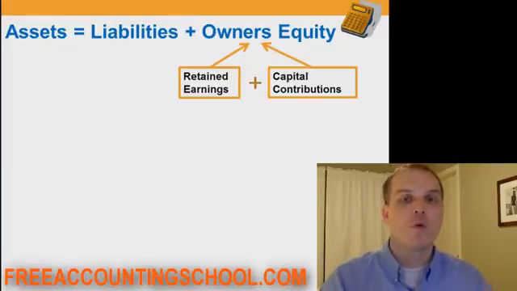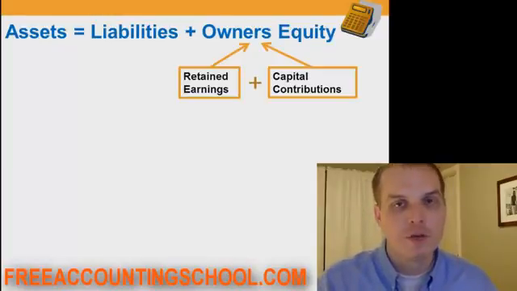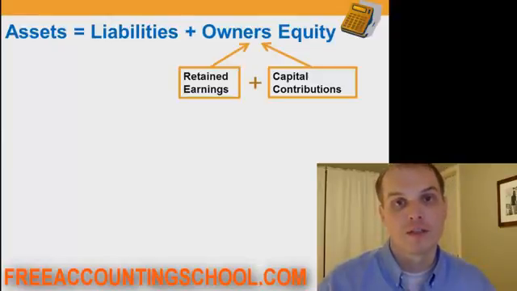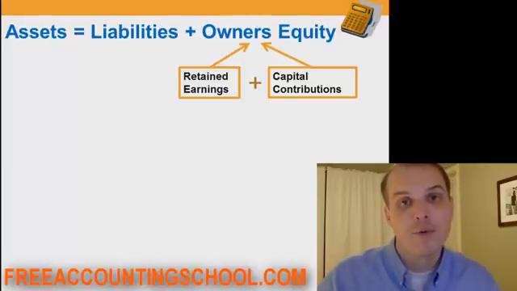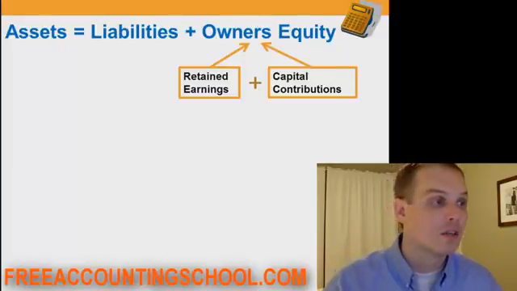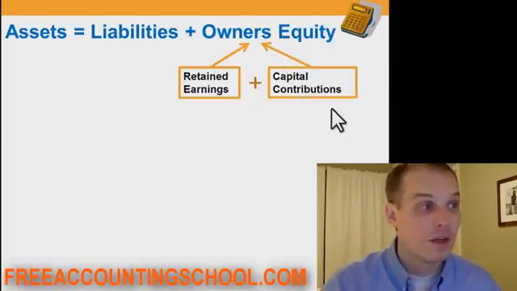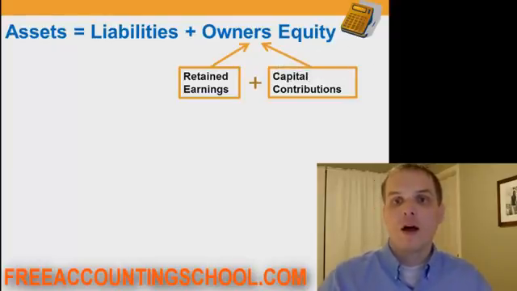For example, let's say you own a car washing business and your cousin comes up to you and says, hey, I'll give you $1,000 if you give me 5% ownership of your car washing business. If you take that $1,000 and give him 5%, that is capital contributions. So that would be one of the accounts that is part of the owner's equity dollar value, okay?